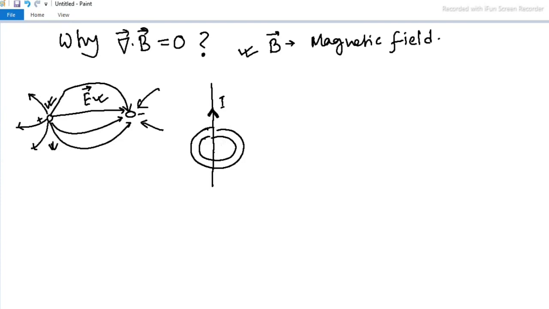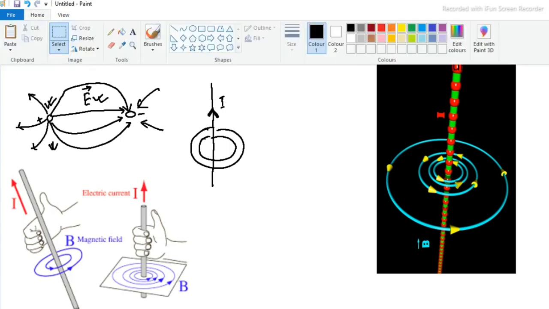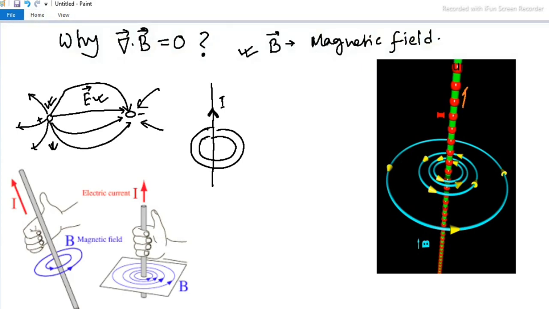For better visualization we can see the 3D picture of this magnetic field, to see how exactly the magnetic field really looks. Suppose in this direction the current is flowing. This is the direction of current flow I. So around the wire, this is how the magnetic field will be created.